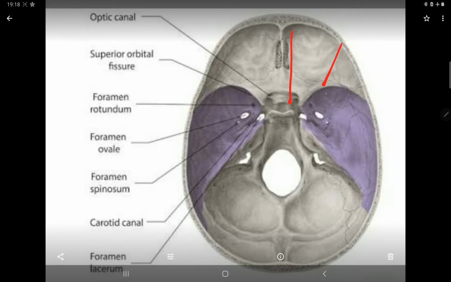And what is this? There is your superior orbital fissure. Previously I already told you about the superior orbital fissure. This is the orbit, and this is the superior orbital fissure. More precisely I am drawing this. So yes, you cut and remove the frontal bone, and here you can see the superior orbital fissure in the lesser wing of sphenoid on both sides.